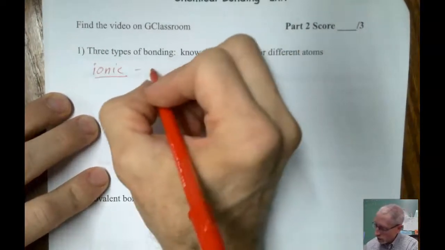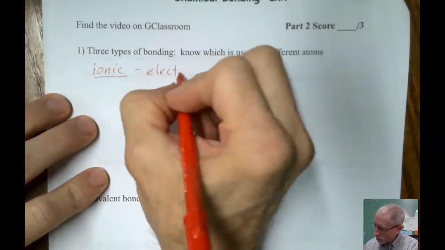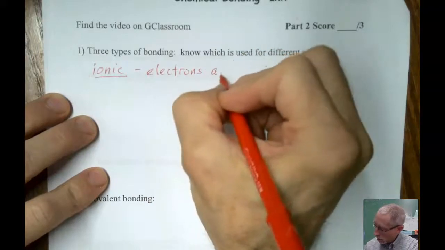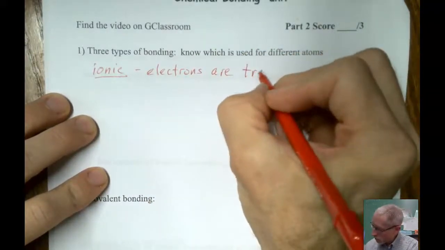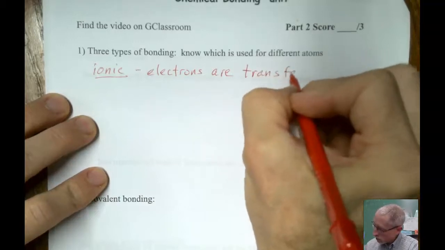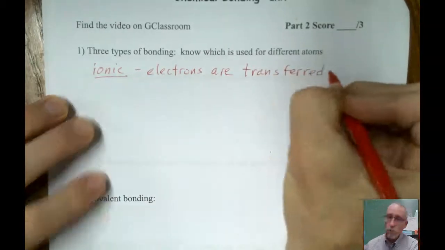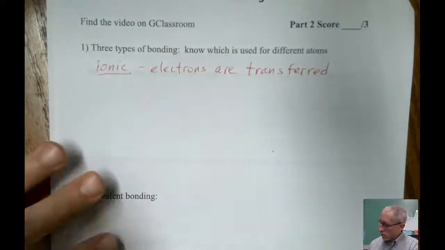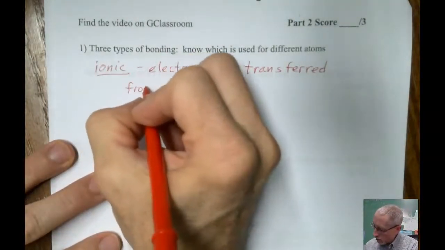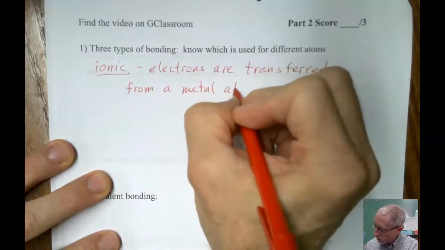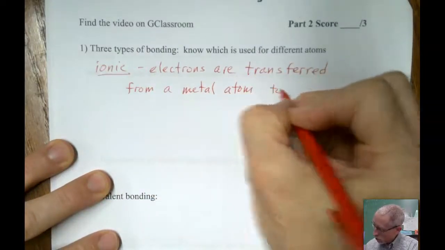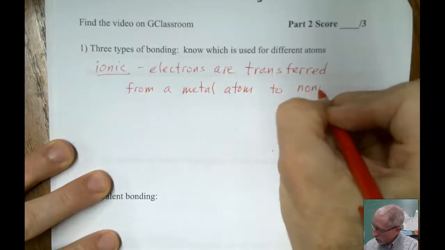So let's start with ionic bonding. Again, this is where electrons are, we usually use the word transferred, from a metal atom to a non-metal atom.